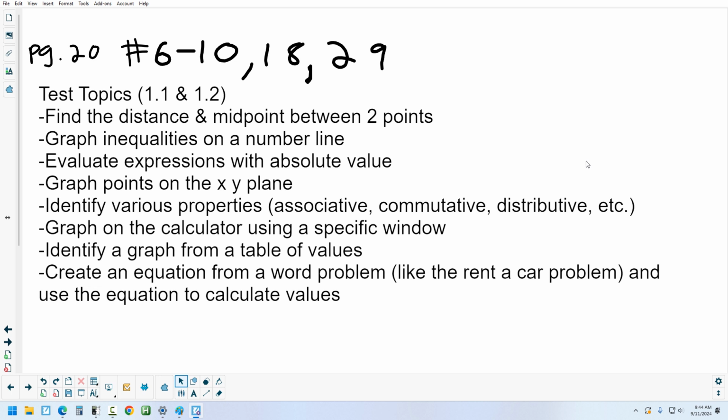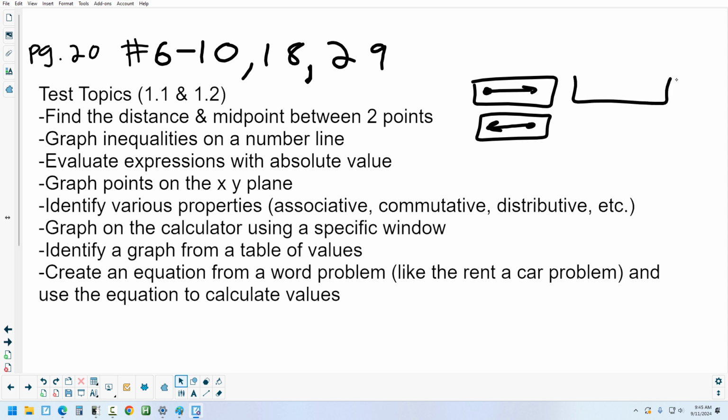So the distance and midpoint formulas, graphing inequalities on a number line. So the test program, it's pretty easy. You have 4 different buttons you can click, and depending on which one you click, you might have a box that looks like this, another one that looks like this, one that looks like this, and one that would look like that.